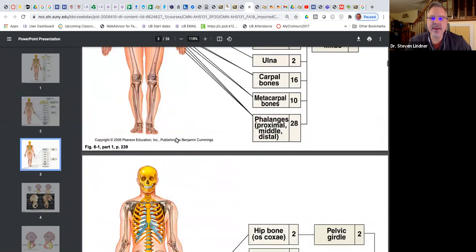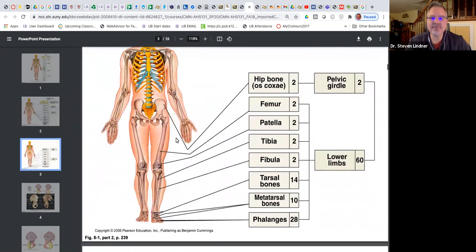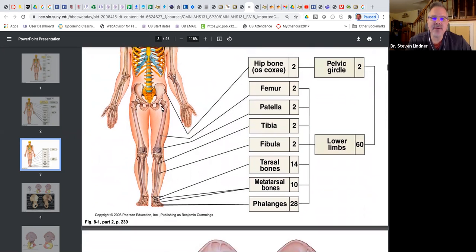Today, we will be looking at the lower extremity. We'll be starting with the pelvic girdle up here. We'll talk about the os coxa bone. Then we'll move down to the longest bone in the body, the femur, and the patella, which is the kneecap.